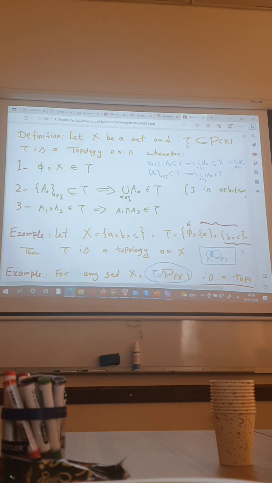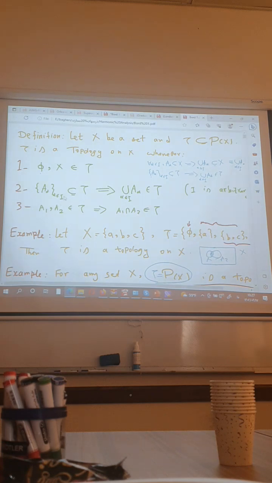Now, this tau is a topology on X whenever we have these three properties. One, the empty set and the whole of X belong to tau. Two, if we have a net, not a sequence, because maybe this is not countable.